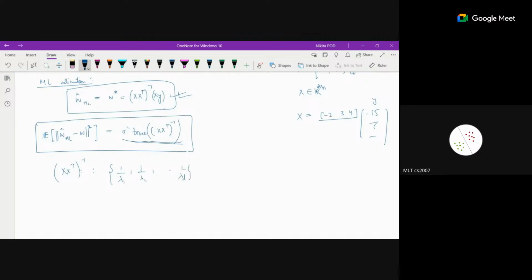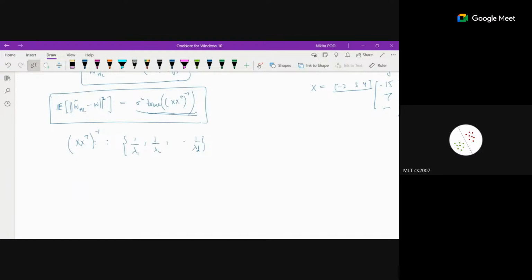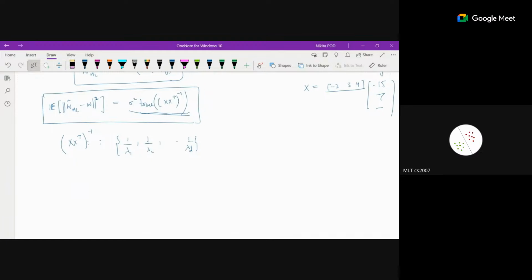So the error that we get here is this term. Here we are trying to see how much error you have between your estimated W hat and your true W, right? This error we wanted to minimize.